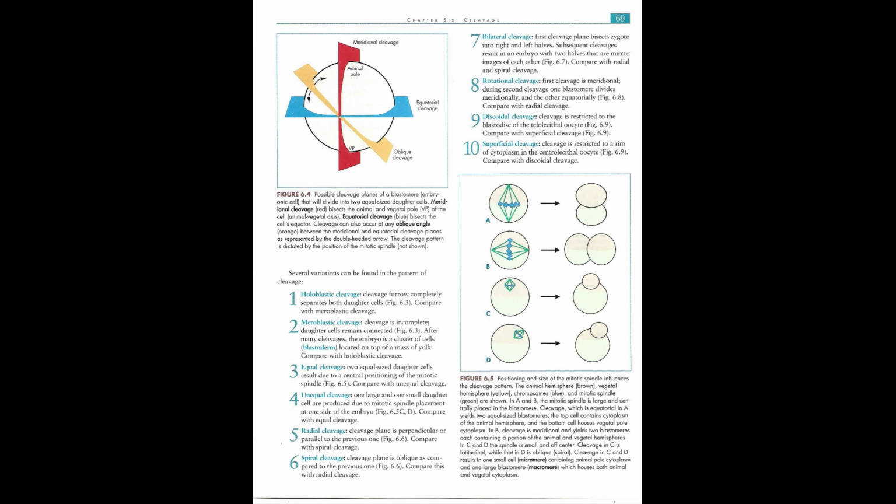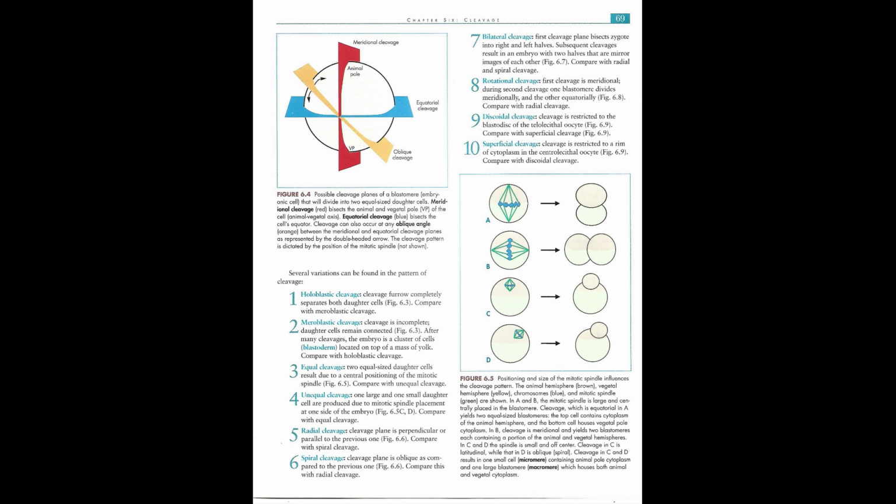Compare with holoblastic cleavage. Equal cleavage: two equal-sized daughter cells result due to a central positioning of the mitotic spindle, Fig. 6.5. Compare with unequal cleavage. Unequal cleavage: one large and one small daughter cell are produced due to mitotic spindle placement at one side of the embryo, Fig. 6.5c, d.